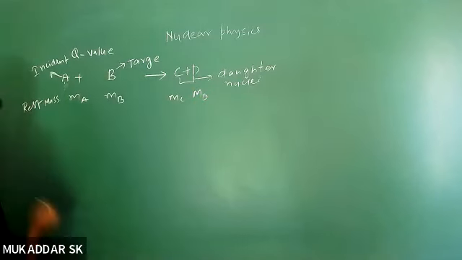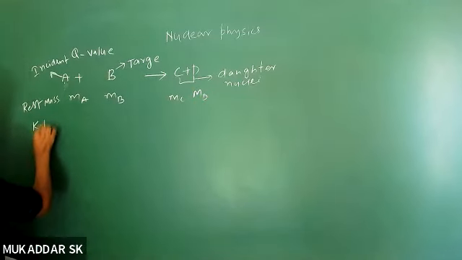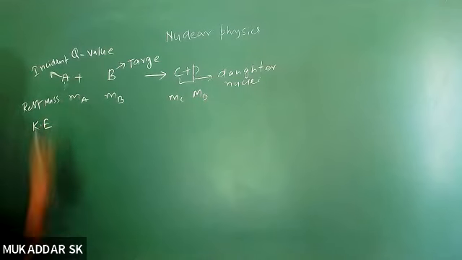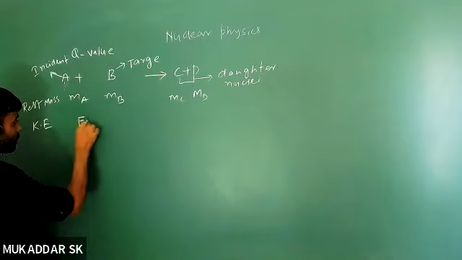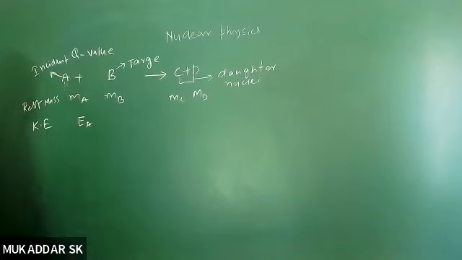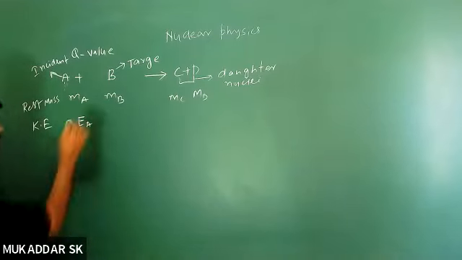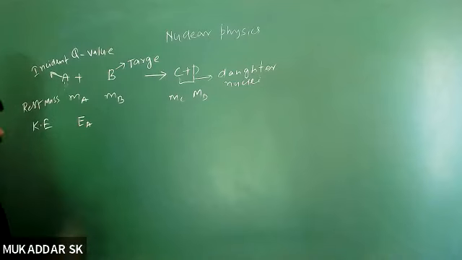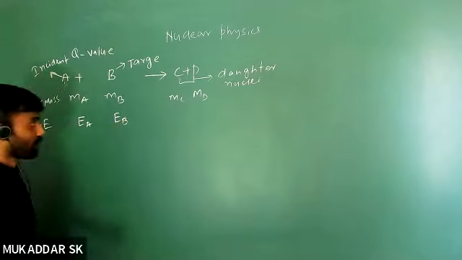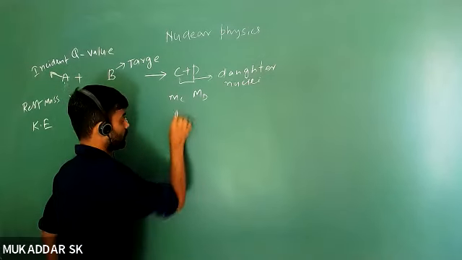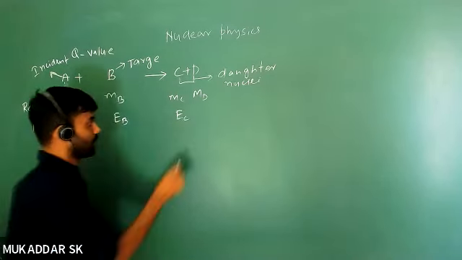And further assume that kinetic energy of A incident particle is Ea. So Ea means kinetic energy of incident particle. The kinetic energy of target nuclei is, let us assume, Eb, and for C daughter nuclei it is Ec, and for D it is Ed.